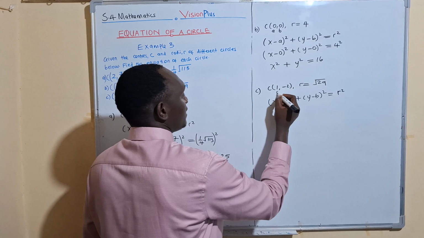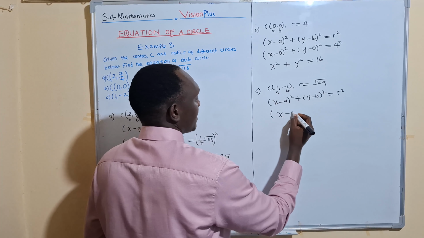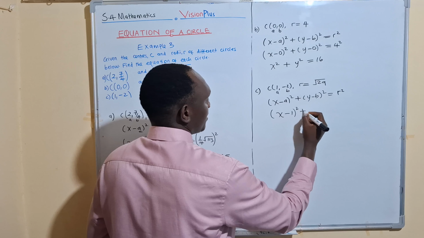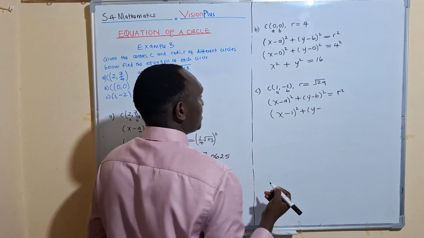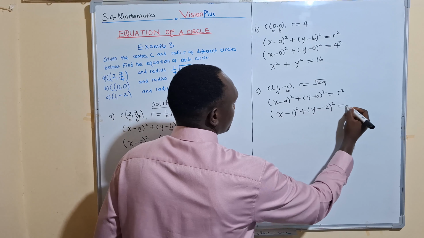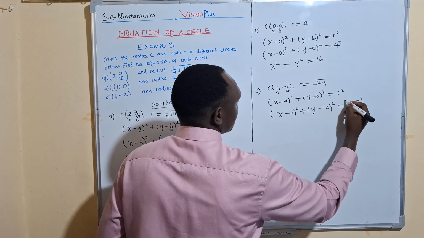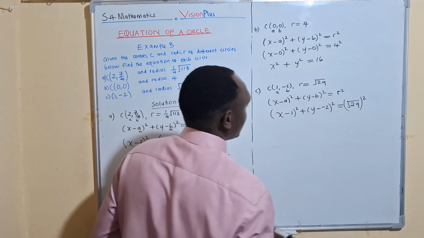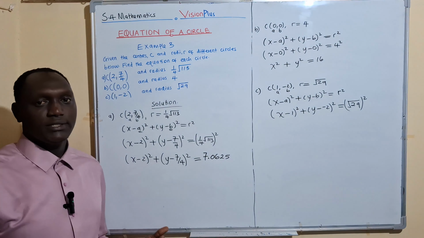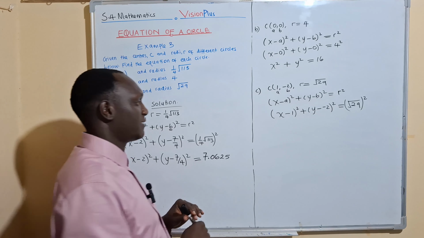Here we shall have (x − a), which is 1, squared, plus (y − b). What is b? B is −2, squared, equals r, which is √29, squared. If you see any negative number, it is better you put the square outside the brackets. You create brackets.